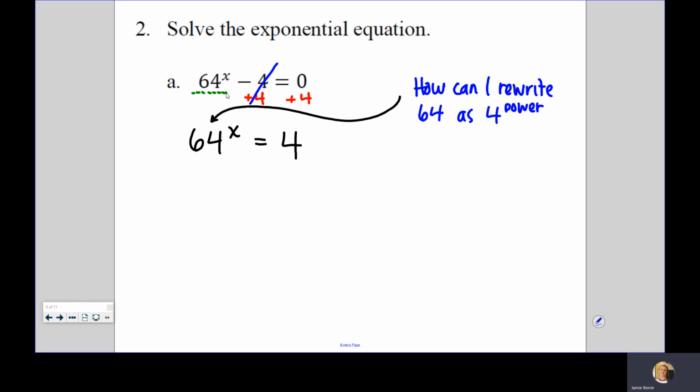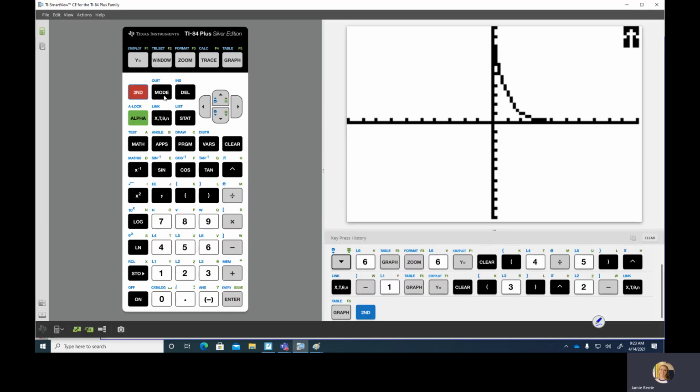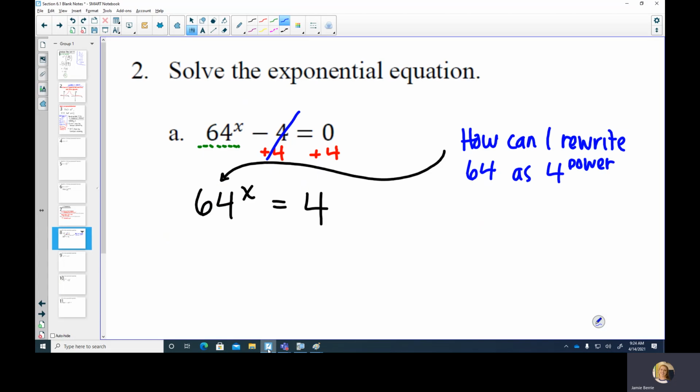Sometimes these will be easy, things that you can figure out in your head. But if you're not good at that, you can just use your calculator. So just start checking and say, okay, well, what's 4 to the second power? It's 16. What about 4 to the third power? That's 64. So we can rewrite 64 as 4 to the third.